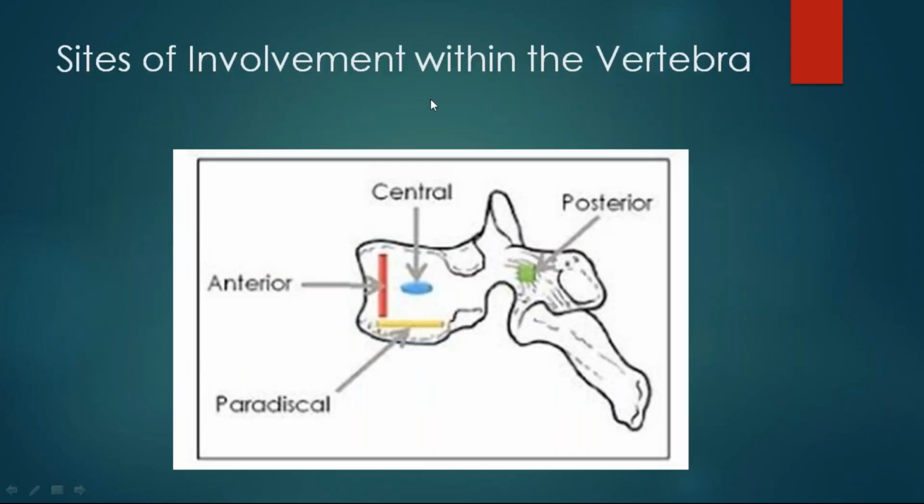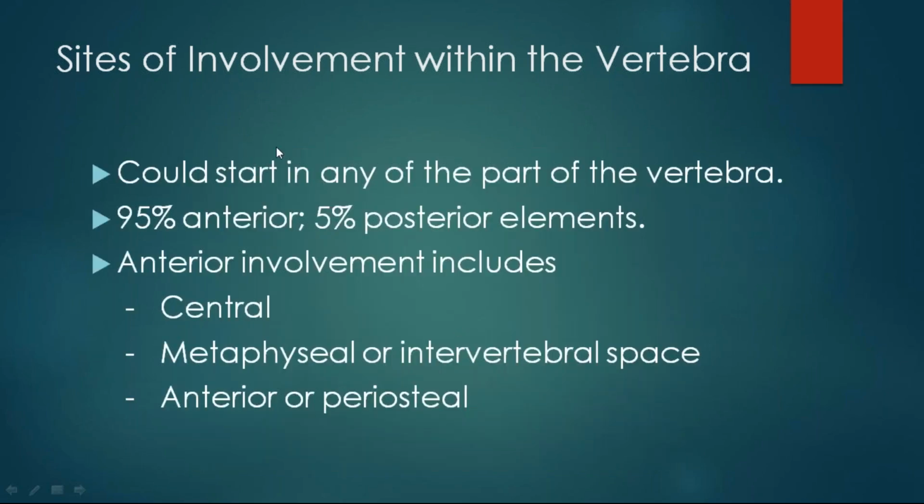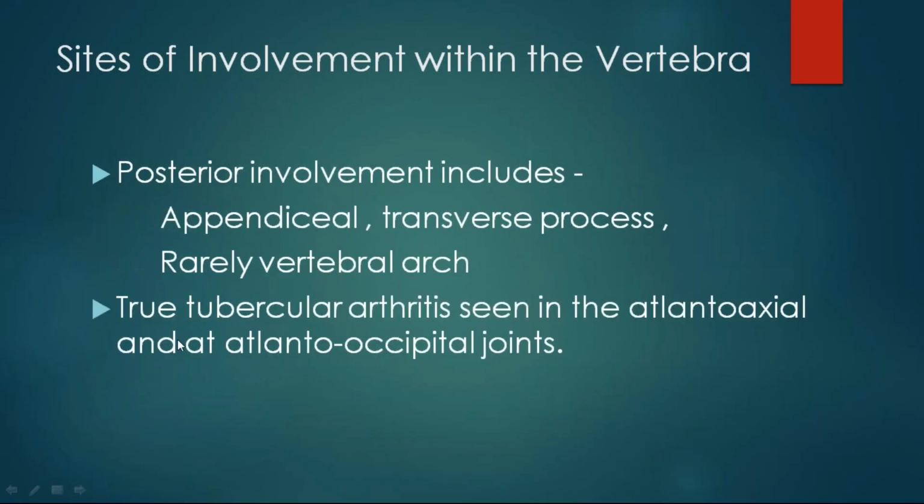Depending on the site of involvement within the vertebra, it is categorized into the anterior part of the vertebra, the central part, the posterior part, and paradiscal, which is the space adjacent to the intervertebral disc. It could start in any part of the vertebra. 95% is seen in the anterior, and only 5% is seen in the posterior vertebra.